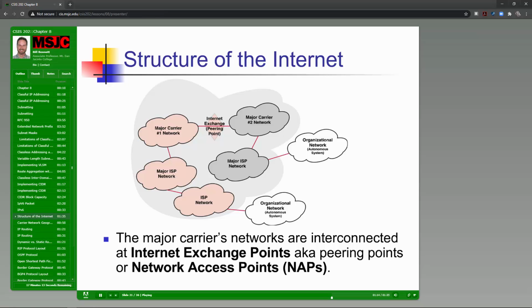And then both the major ISPs are connected to a major carrier, which is your telcos, and of course many times the telcos themselves are the major ISPs. Then between the major ISPs is where we have the internet exchange points.